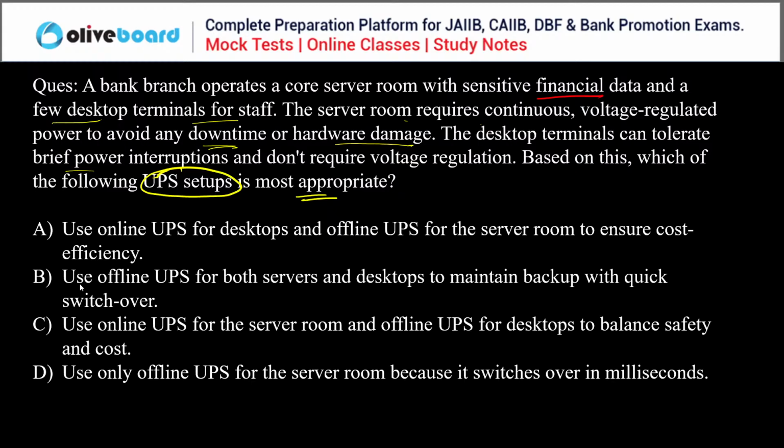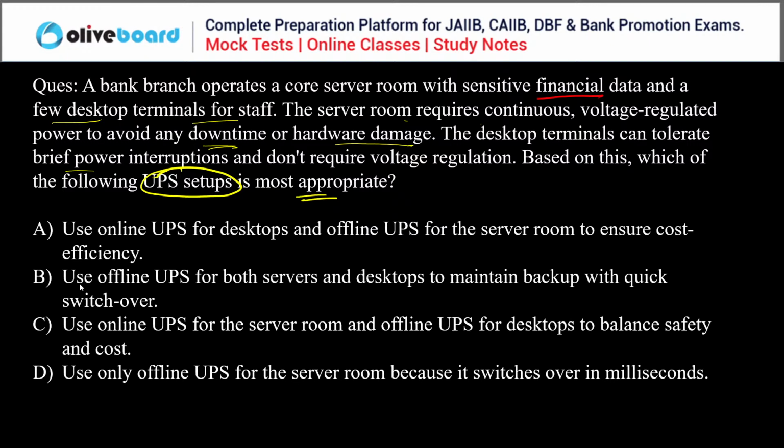Online UPS should be given to the core server room because we need uninterrupted power supply here, whereas in this situation, a little interruption in the desktop can be tolerated.